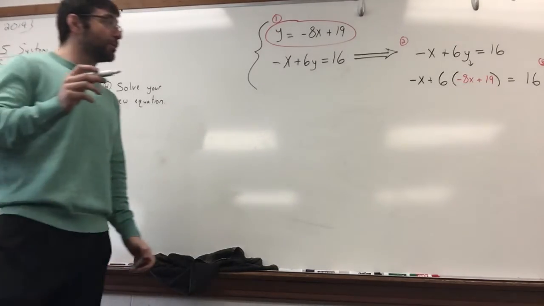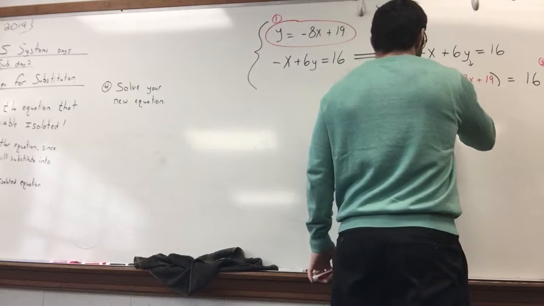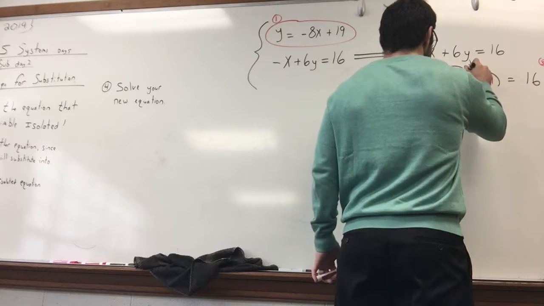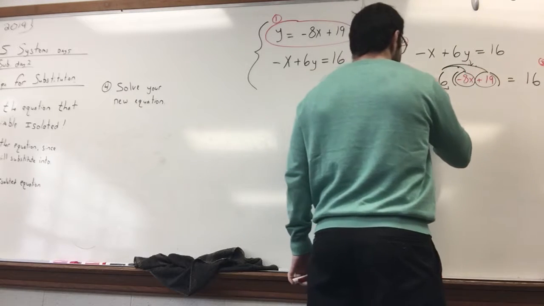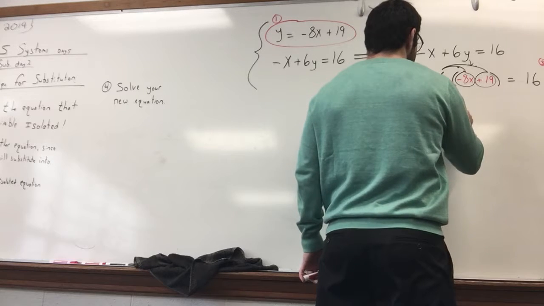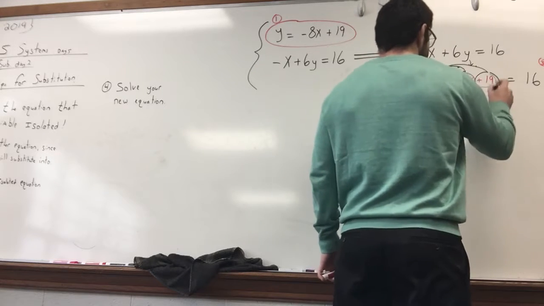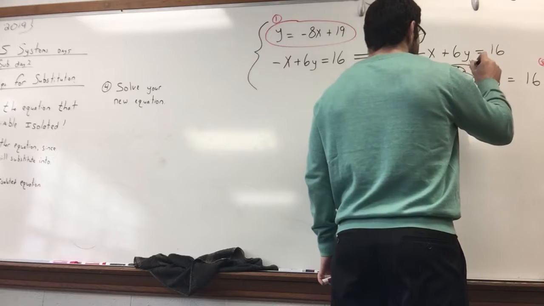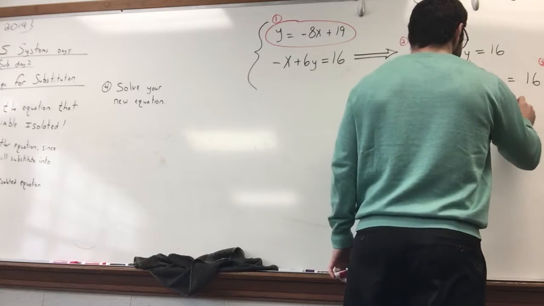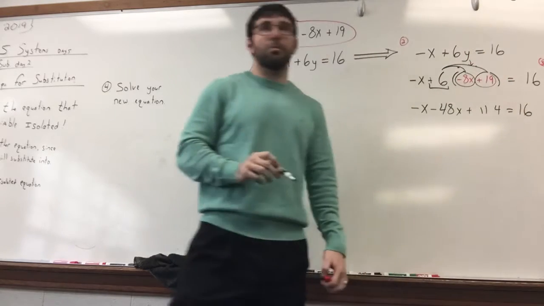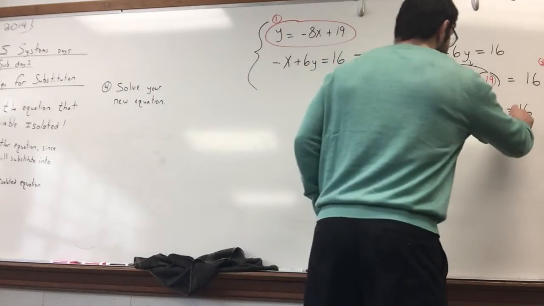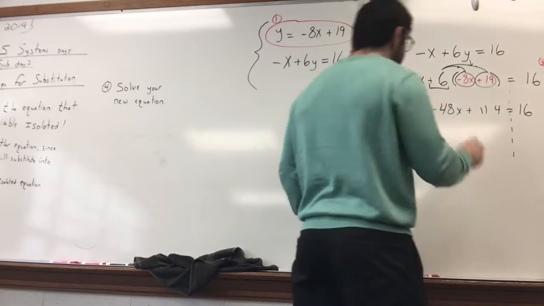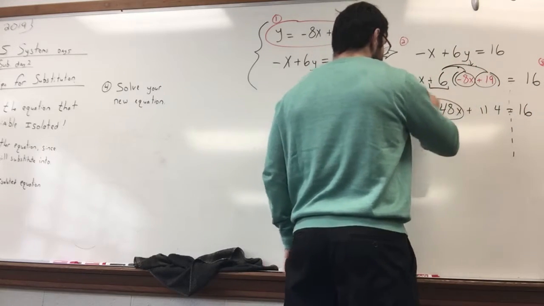Okay, so when I solve an equation, we're going to distribute. And I know that's negative x minus 48x plus 6 times 19 is 114 equals 16. Okay, all I'm doing is solving my equation. So I distributed. I found my balance point, combining like terms.